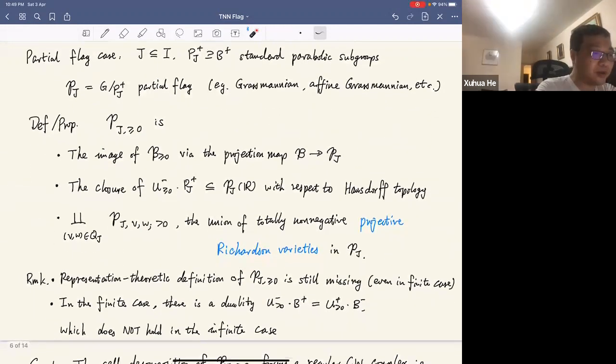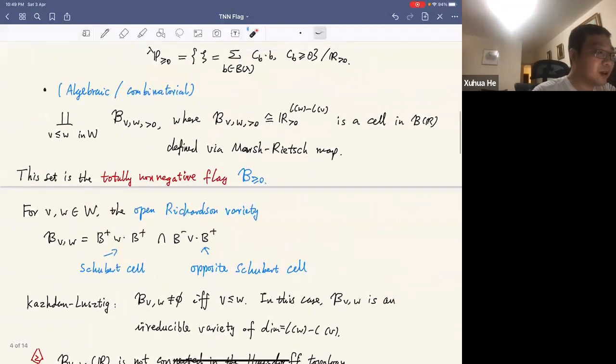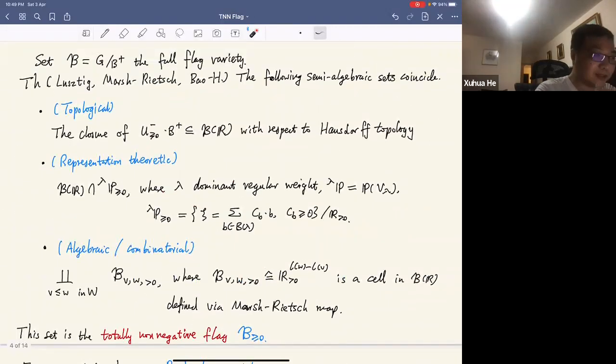We take the closure of the U minus totally non-negative orbit on Pj plus with respect to the Hausdorff topology. If you look at the representation theoretical definition, unfortunately we still do not know what happens for the partial flag.